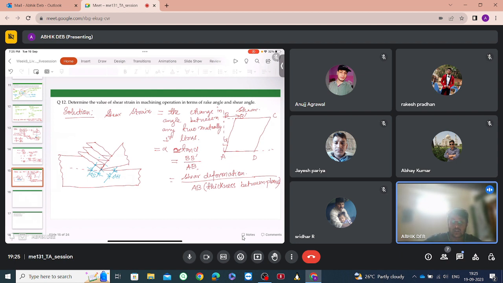Is it clear to everybody? Yes, sir. Everybody else, is it clear to you? This is the shear and this is the initial thickness between the planes.